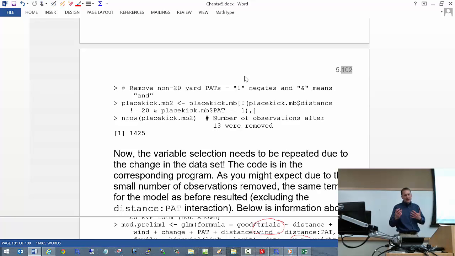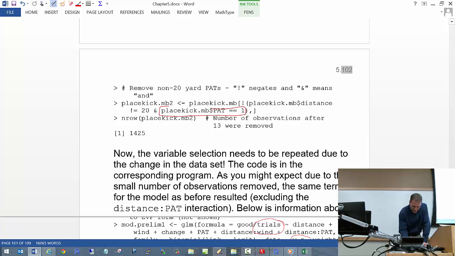The same thing occurs here in terms of arranging your data in a certain way. So let's walk through this. I need to be able to identify non-20-yard PATs. So let's begin by looking at the PATs.